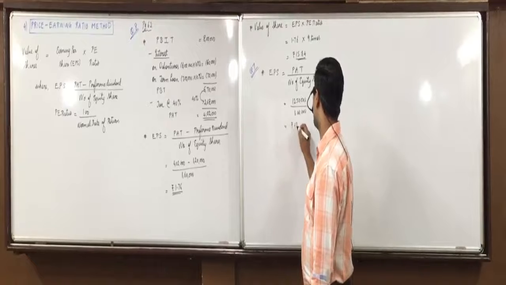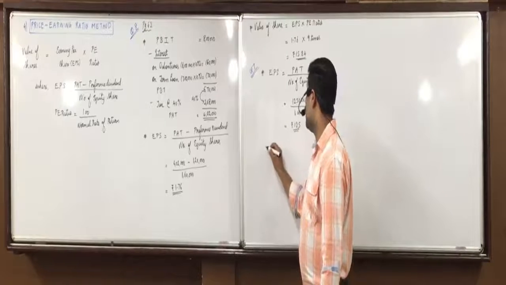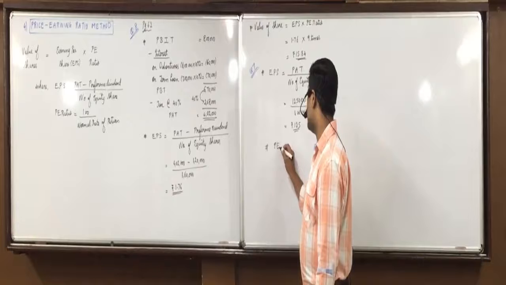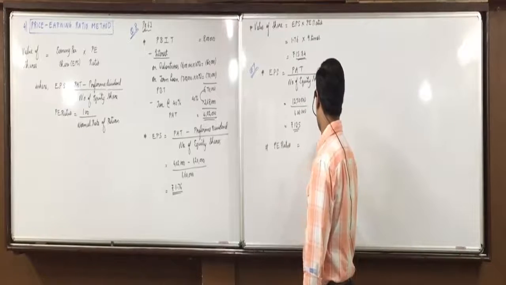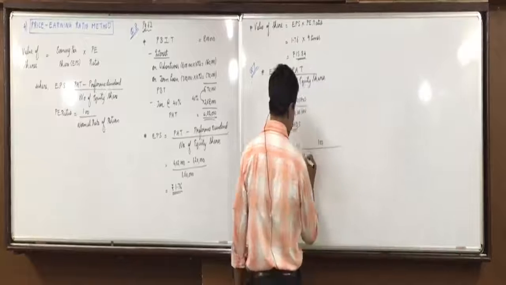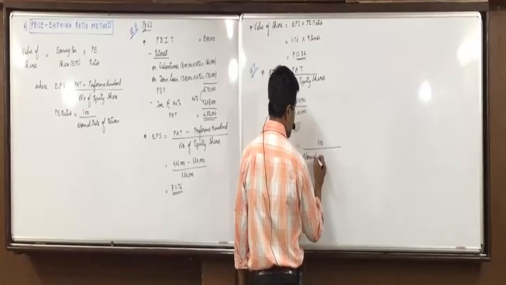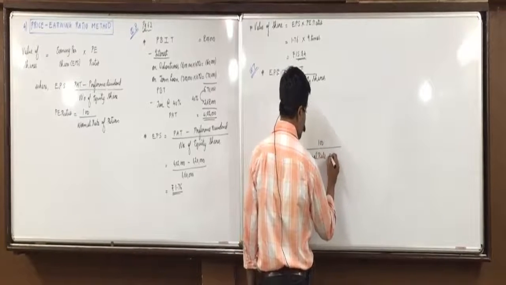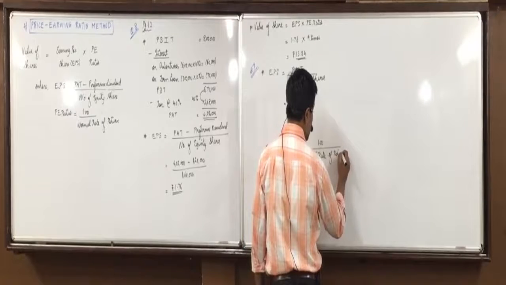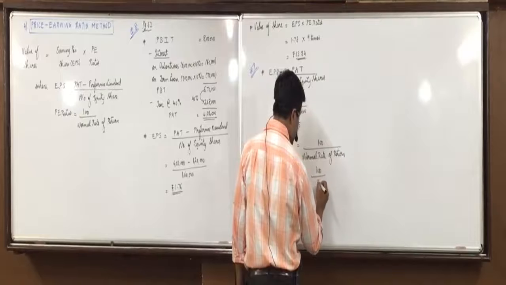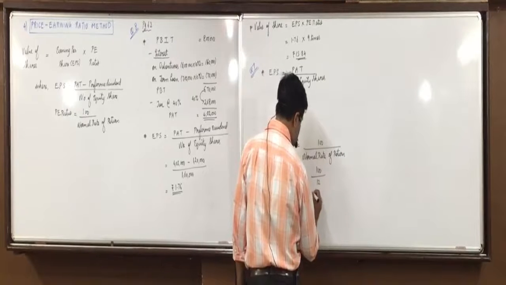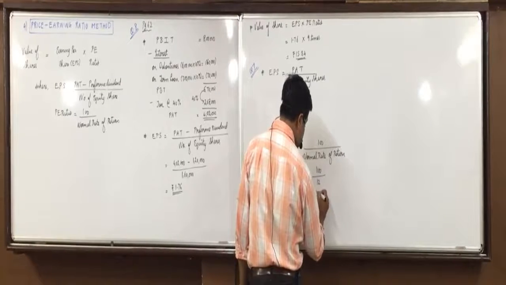So rupees 12.5. PE ratio is not given, so we'll find PE ratio as 100 divided by normal rate of return. So we will be doing 100 divided by 12, that is 8.33 times.